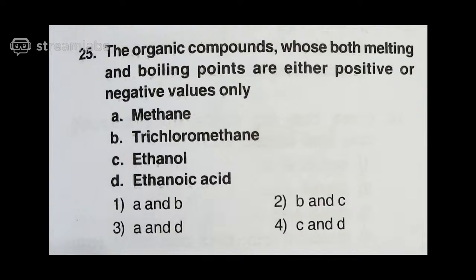It is methane and ethanoic acid. The answer is methane and ethanoic acid will give positive and negative values. Okay? It is direct question. Methane and ethanoic acid shows both values.